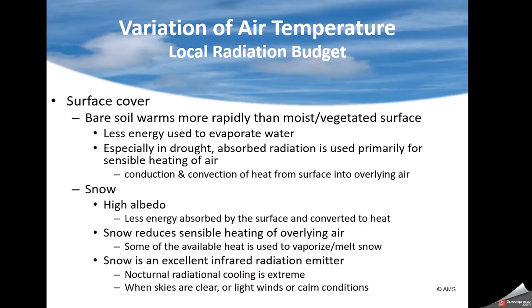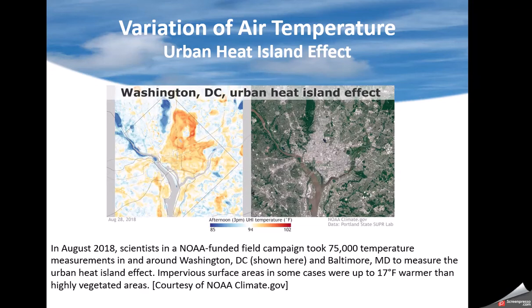So surface impacts the budget as well. Snow cover has a high albedo, which is why after it snows, it doesn't warm up very fast. And this is the urban heat island effect. You can see downtown DC is warmer than the areas around it due to all the buildings that are there. They have an airport at Washington National, which has had an observing site since the 1800s in that area.